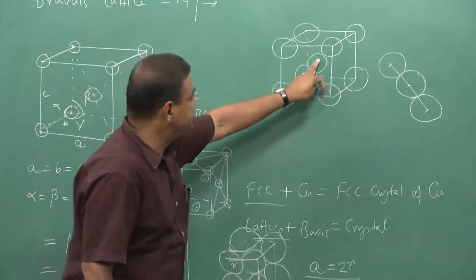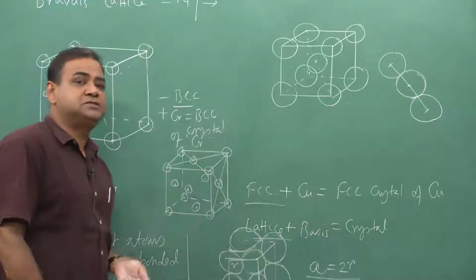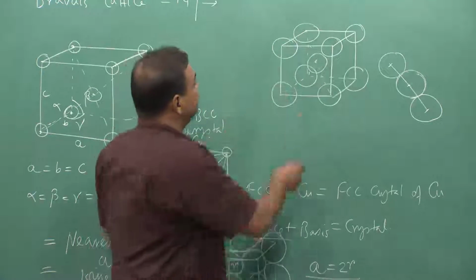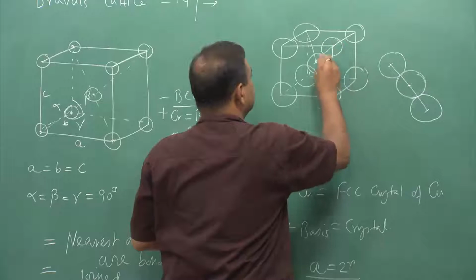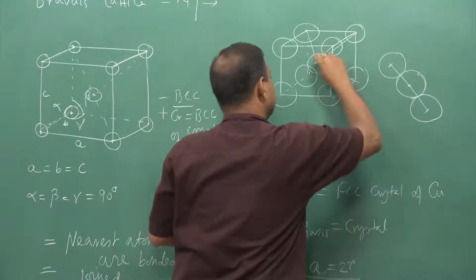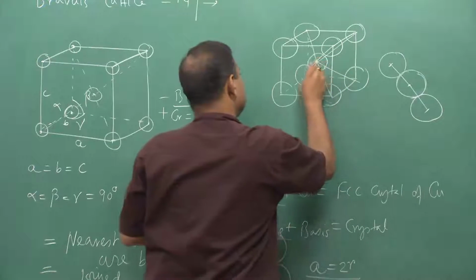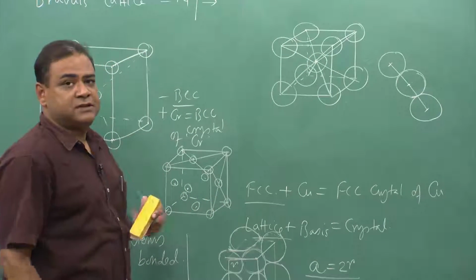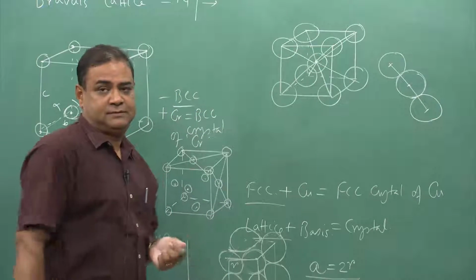So, that means the center atom has got 8 bonds, so there will be 8 bonds. So, these bonds will all be connected.